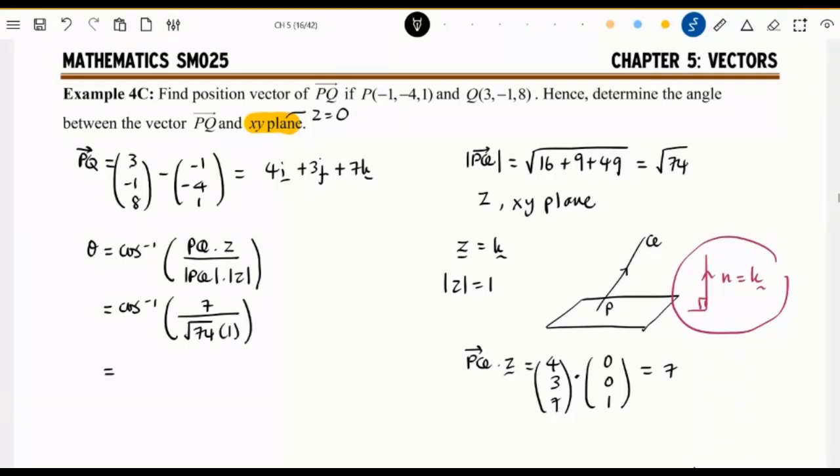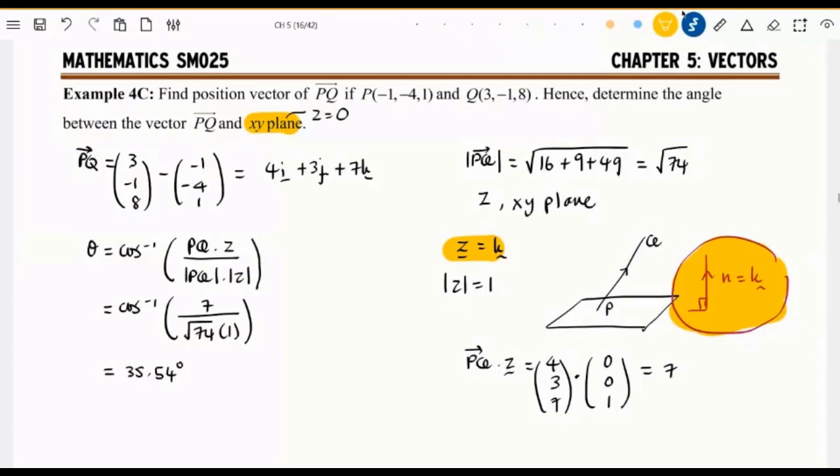Okay, nilai kita berapa? 35.54 degree. Okay? So untuk yang ini nanti saya brief lagi takut nanti ada yang tak clear part-part. So for now, kita stick dengan vector Z adalah K. Koordinat memang Z dia 0.